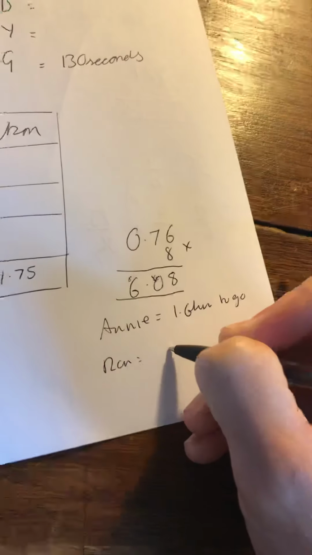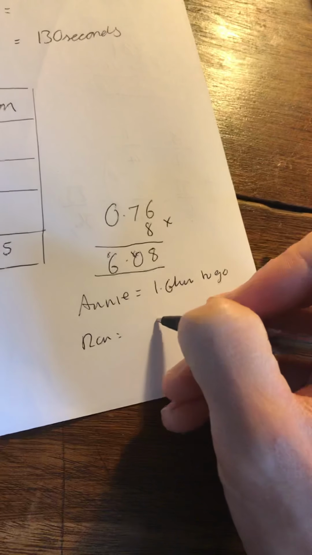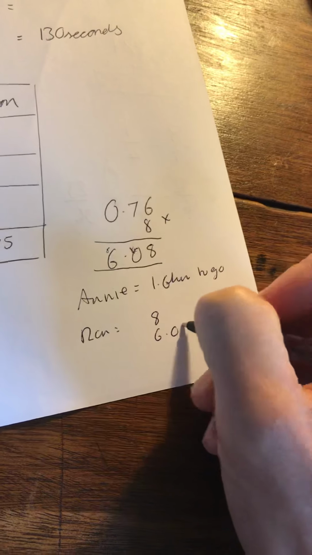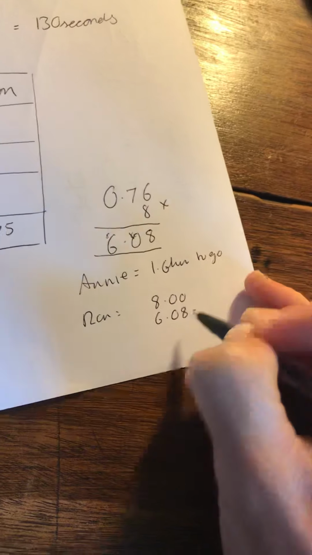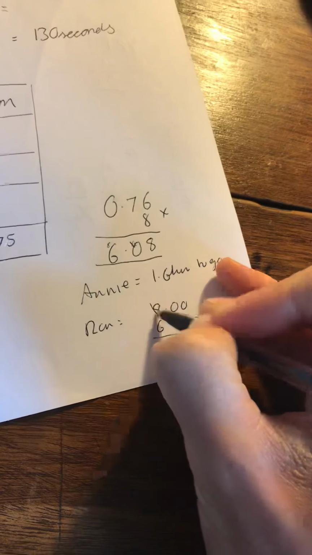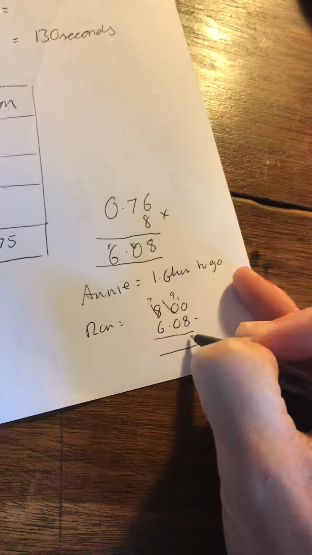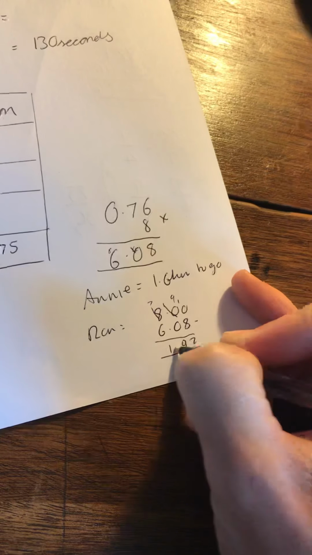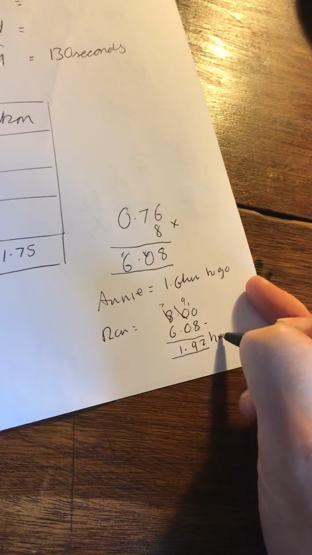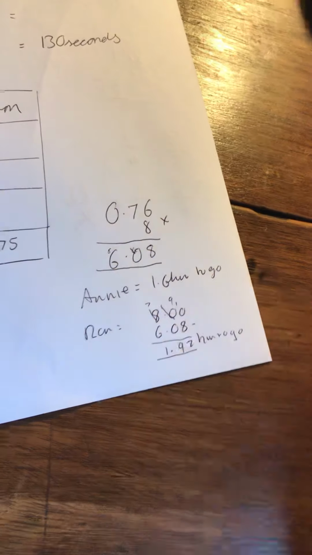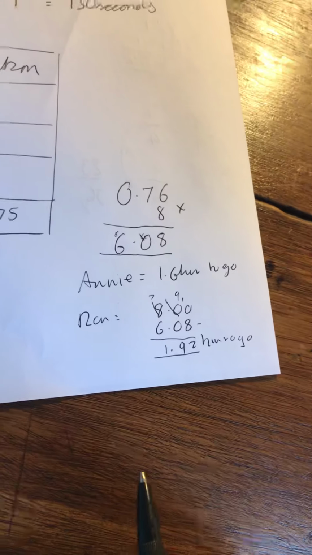Ron, of their 8 kilometre race, so I can find the difference to see how long he's got to go. Ron has got kilometres to go, so Ron has got the furthest to run.